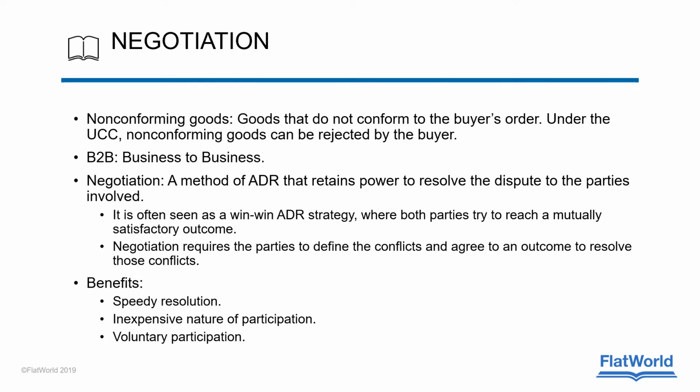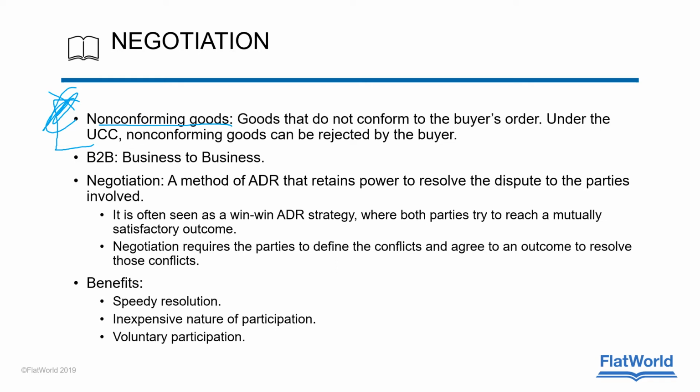So the book sets up an example of non-conforming goods. Non-conforming goods are goods that don't conform to the buyer's order. Under the UCC, non-conforming goods can be rejected by the buyer. And very often we'll see negotiation or arbitration about non-conforming goods.